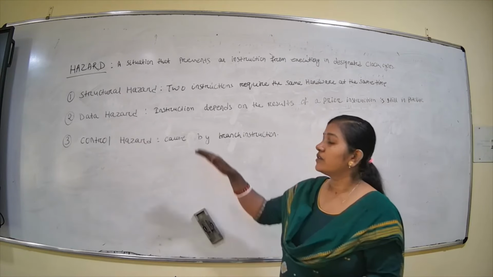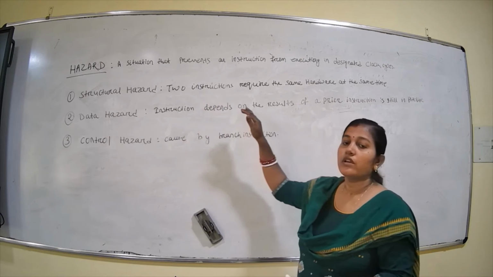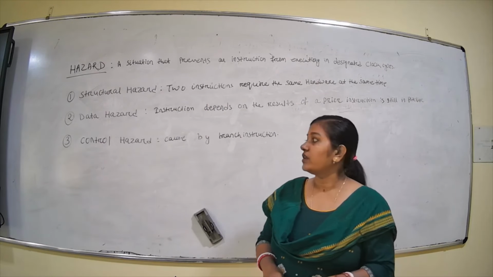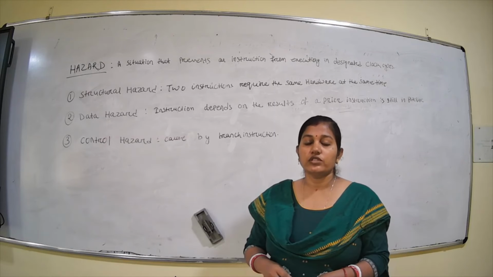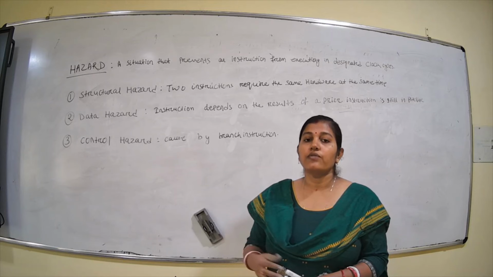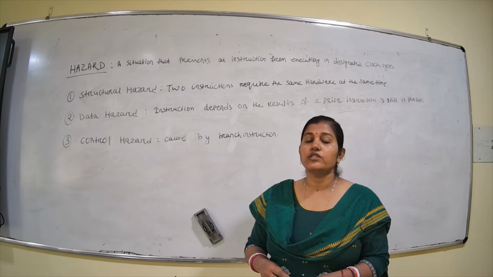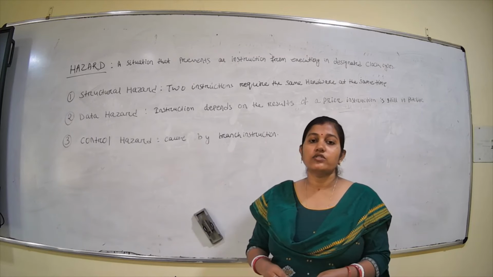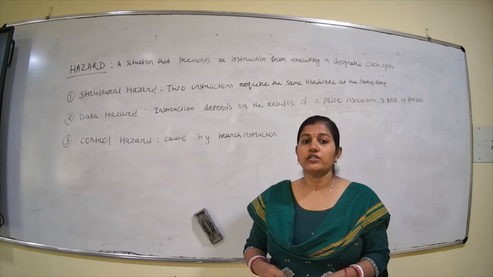Structural hazard is when two instructions require the same hardware at the same time. In data hazard, the instruction requires the result of a prior instruction which is still in the pipeline. And the control hazard is caused by the branch instruction.